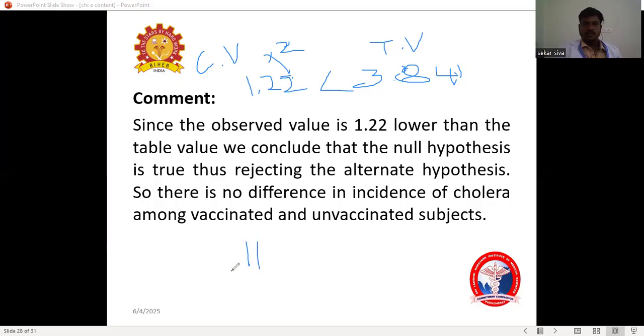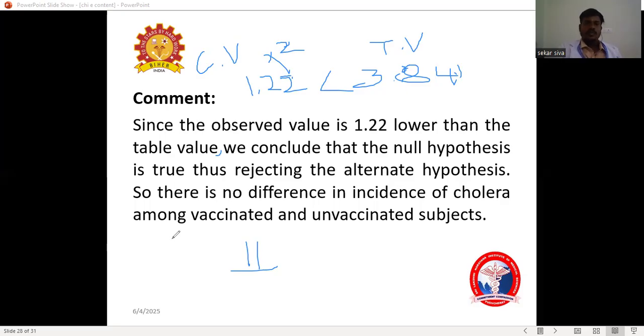It is independent. Since the observed value is 1.22, lower than the table value, we conclude that the null hypothesis is true. The null hypothesis is there is no difference in incidence of cholera among vaccinated and unvaccinated subjects.